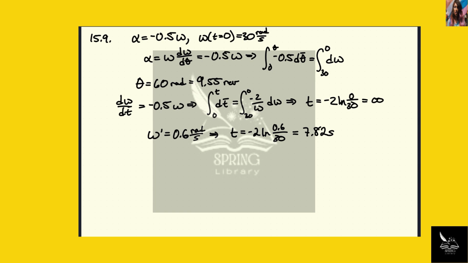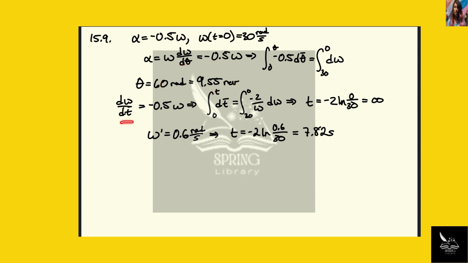Now they ask us for the time required for the shaft to come to rest. So again, this is a little bit of an interesting problem because you see that you have some number of revolutions where it comes to rest.